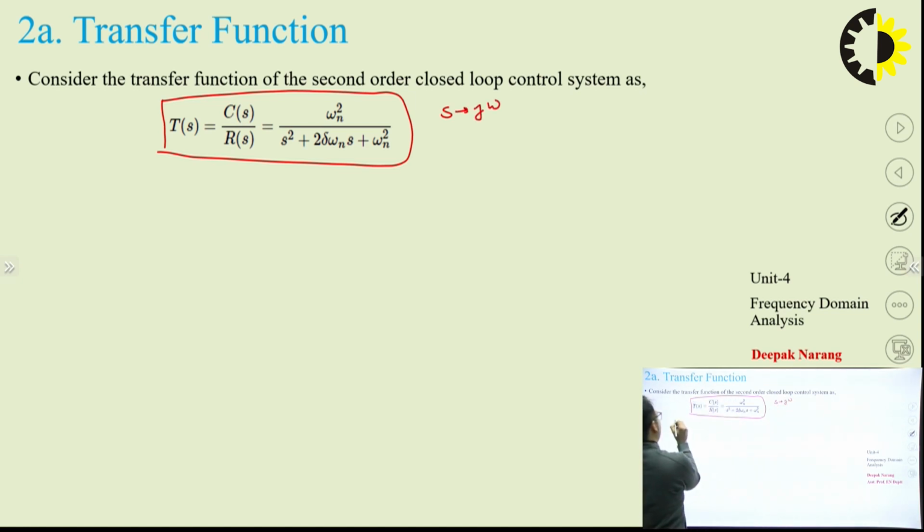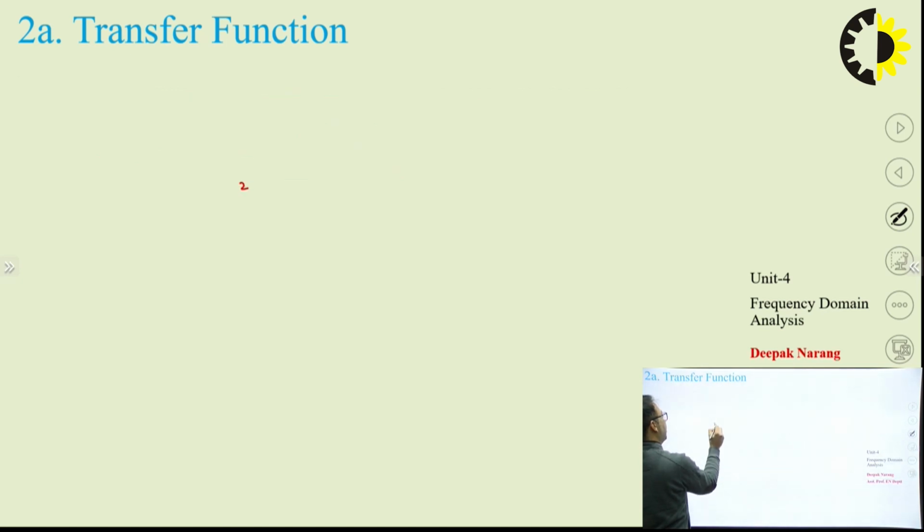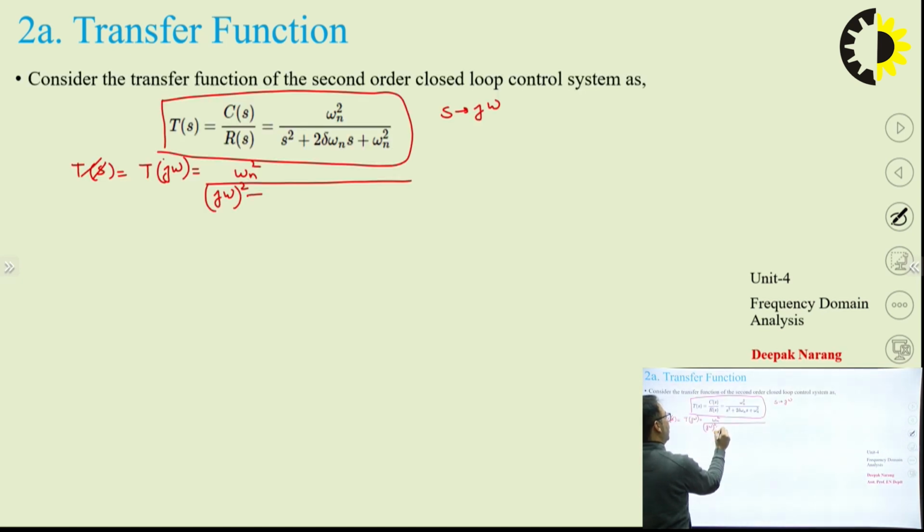So we get T(s) equal to T(j omega) equal to omega n square upon (j omega) square plus 2 zeta omega n j omega plus omega n square.